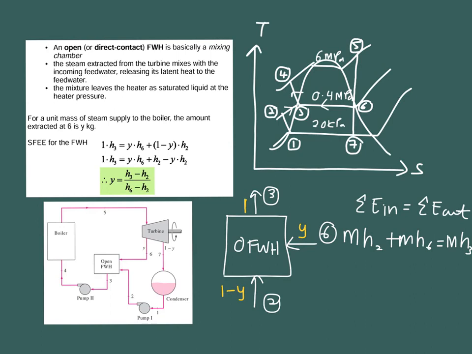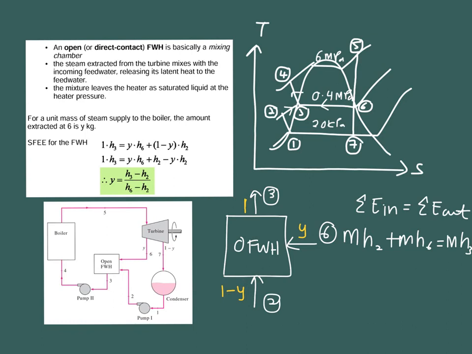As you can see in this schematic diagram, you have one inlet and two outlets, but the summation of these is going to make a total of 1. Therefore, if we represent the total mass as 1, and this fraction goes into this, we represent it as y. Therefore, the remaining must be 1 minus y down here.